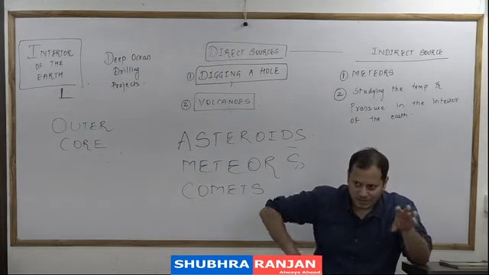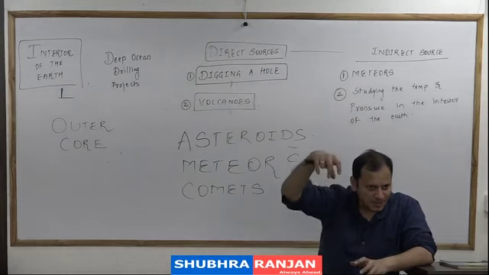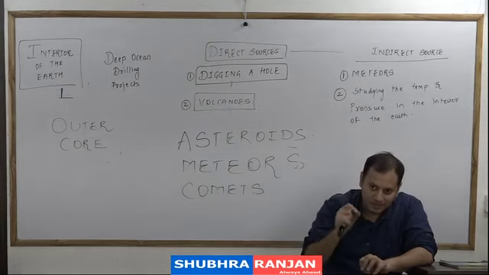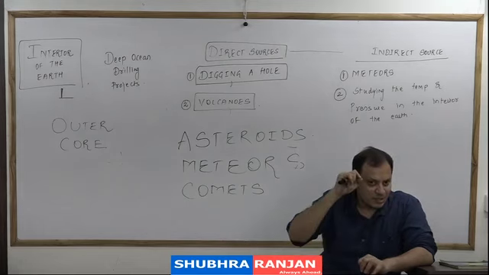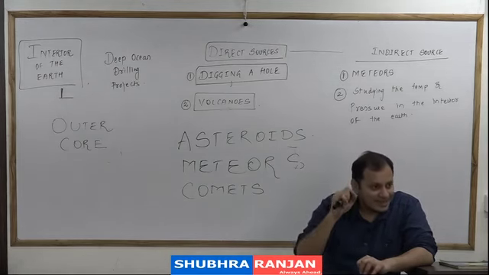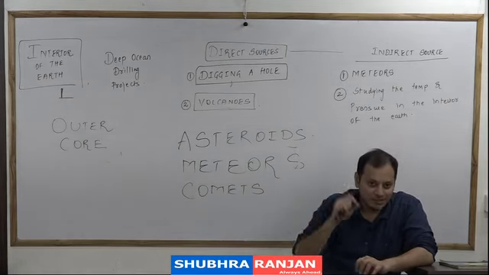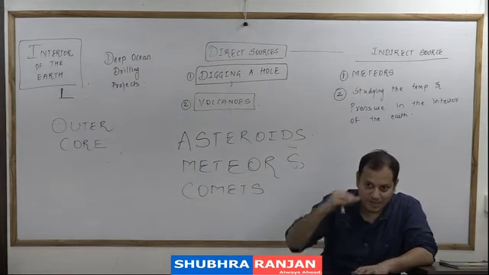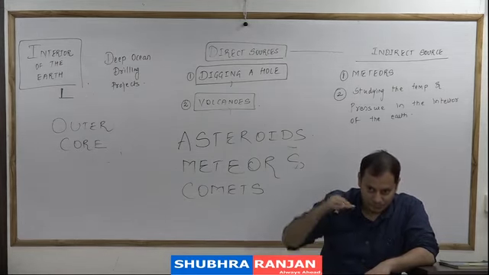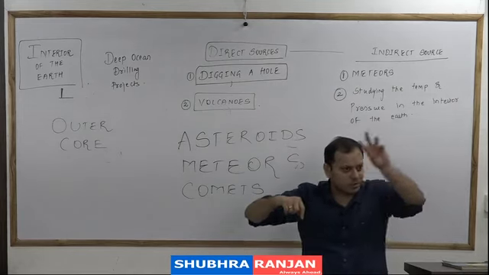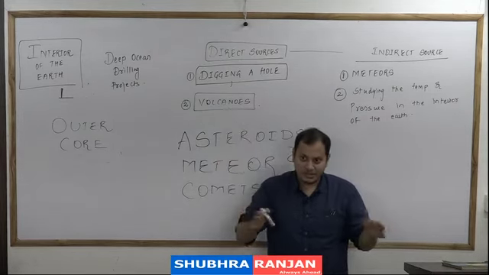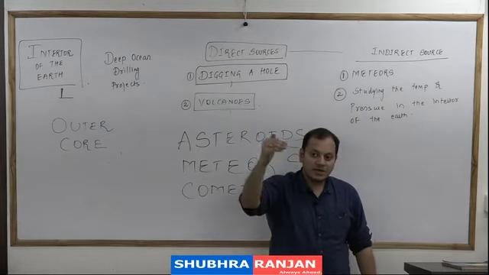Why? Because as you are going deeper, along with the temperature, pressure is also increasing. Now see the application. If you have understood this, you can understand why the asthenosphere is in the molten format, not in the liquid format. Where is the asthenosphere, up or down? It is comparatively only the top 200 kilometers. So there, as you are going down, temperature is increasing, but pressure relatively is not increasing.